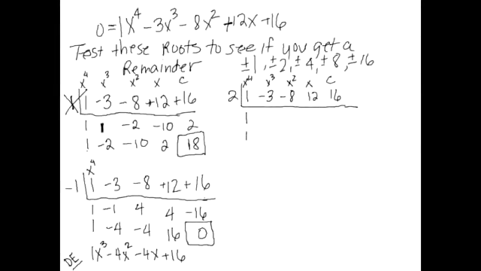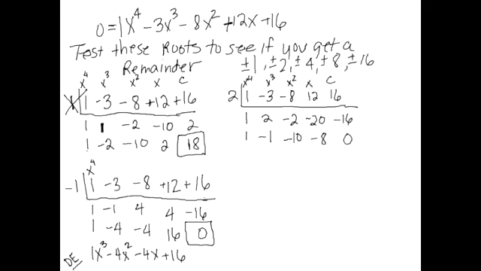So the process is like this. 2 times 1 is 2. Add down. 2 times negative 1 is negative 2. Add down. 2 times negative 10 is negative 20. Add down. 2 times negative 8 is negative 16.